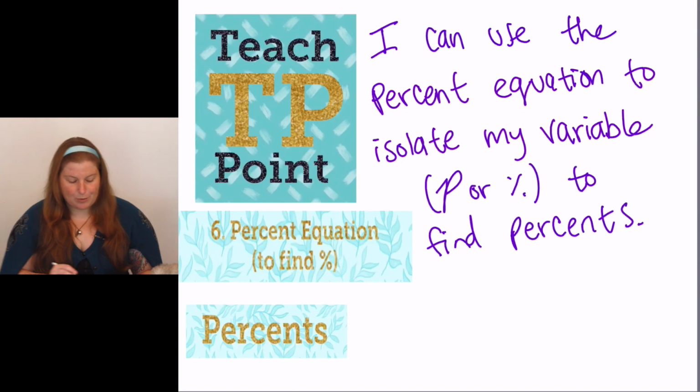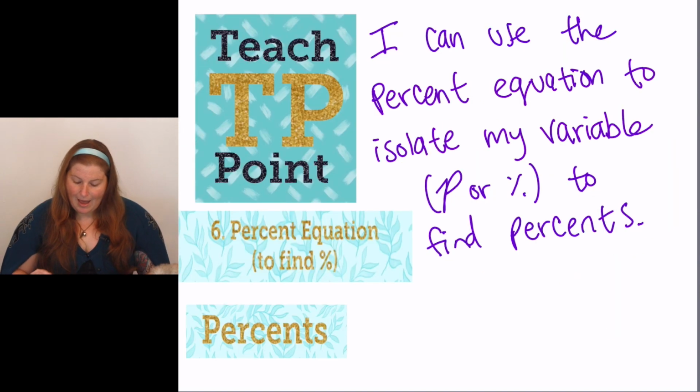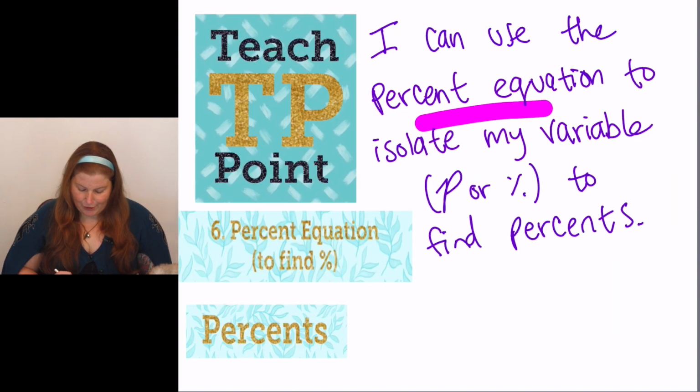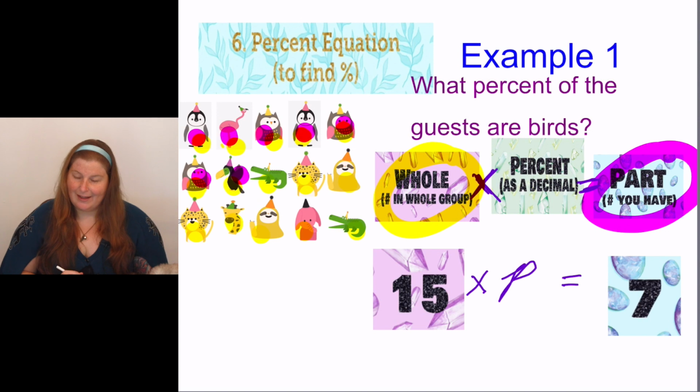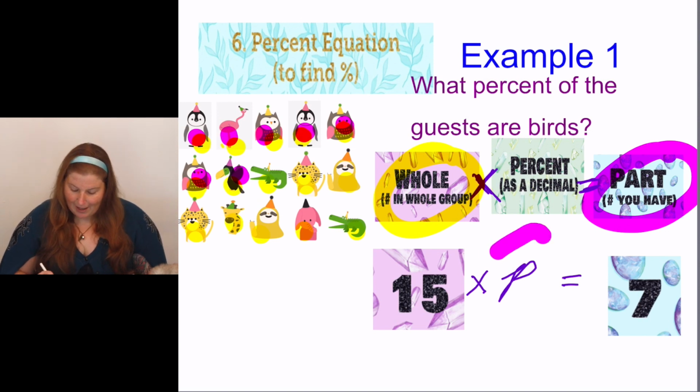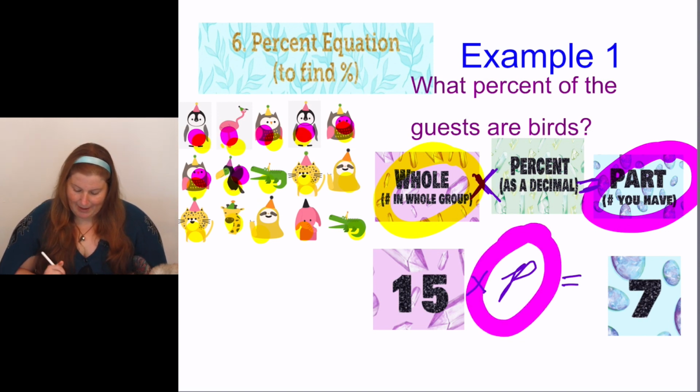Now remember that our teach point said I can use the percent equation to isolate my variable. Let's go back to our first example and isolate our variable. To isolate P, or to get it by itself, I have to divide both sides of this equation by 15.